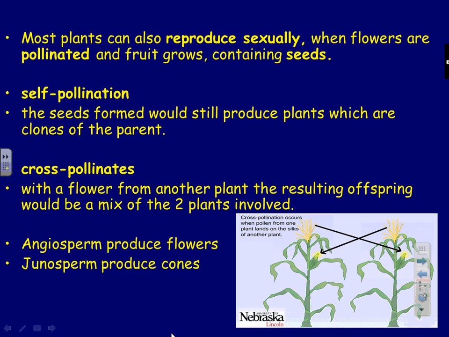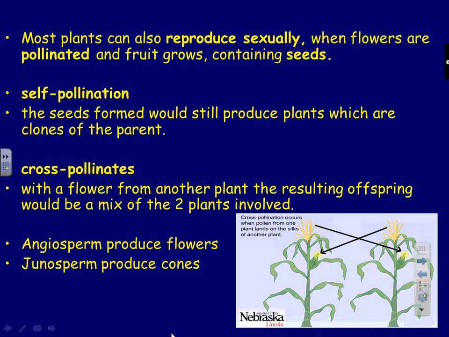Pollen from plant A is transferred to plant B. Pollen from plant B is transferred to plant A. Because they're genetically different, they produce offspring that have genetic diversity, all right? Which is better because some plants will then be able to withstand perhaps a disease that other plants can't, and then the plants are not completely wiped out, okay?